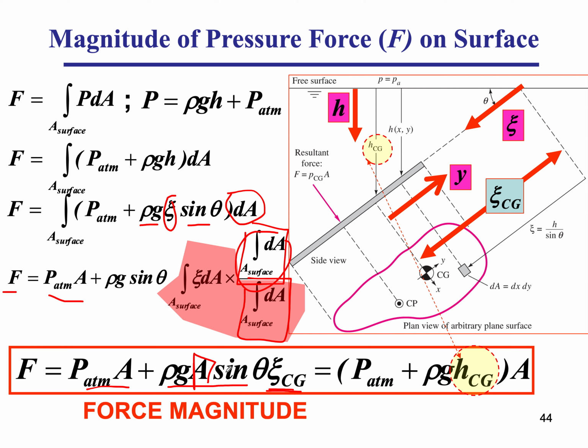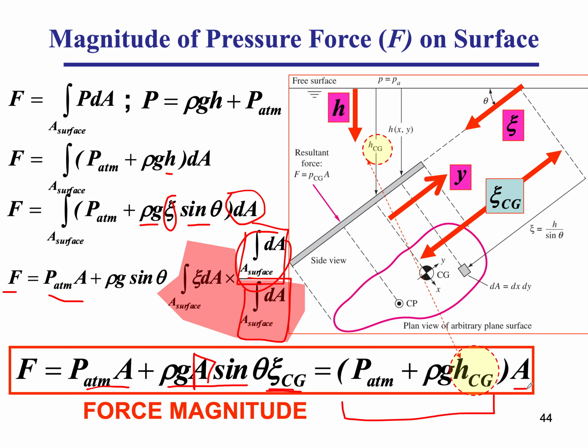And then zeta sine theta is just the h, so zeta cg sine theta is just the hcg. So the magnitude of the force is just the hydrostatic pressure at the center of gravity multiplied by the area. So the hydrostatic pressure force here in absolute terms is that multiplied by the area.